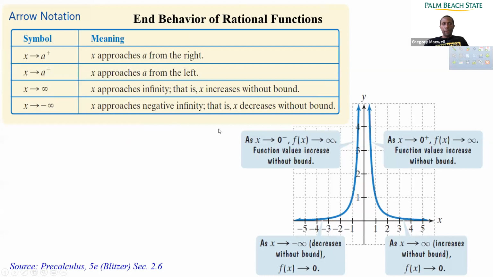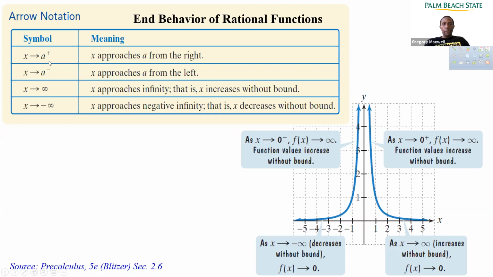So, end behavior. Because rational functions may have vertical asymptotes, you can have different ends in the function. You have what happens as you go toward negative and positive infinity. That will tell us about horizontal asymptotes. And you also have things where there's a break in between, like a domain restriction, and that could possibly give us vertical asymptotes.